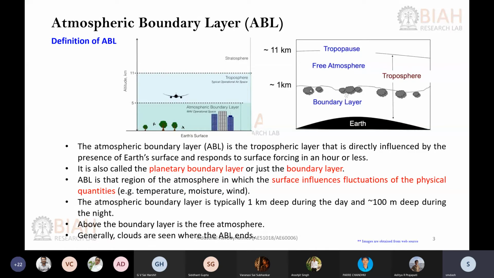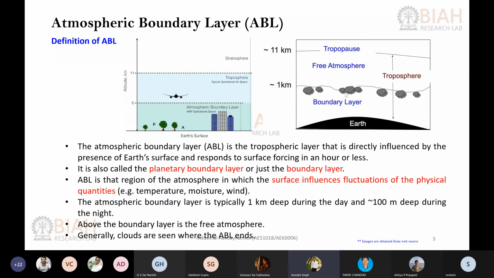After a certain height, it cannot move further, because it is so dense. The vertical fluctuation ends in this region, beyond which there is no significant fluctuation. That's why you see cloud formation at that height, where the fluctuation dies down and the clouds are stabilized.